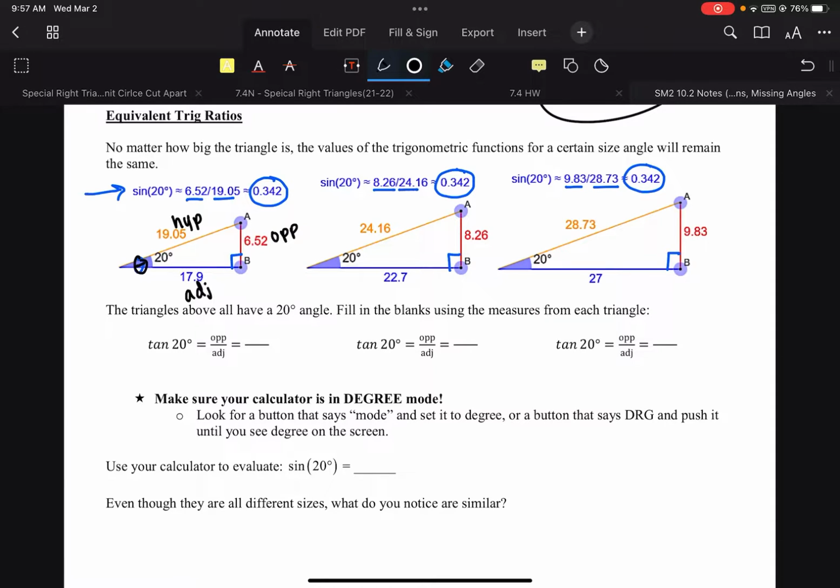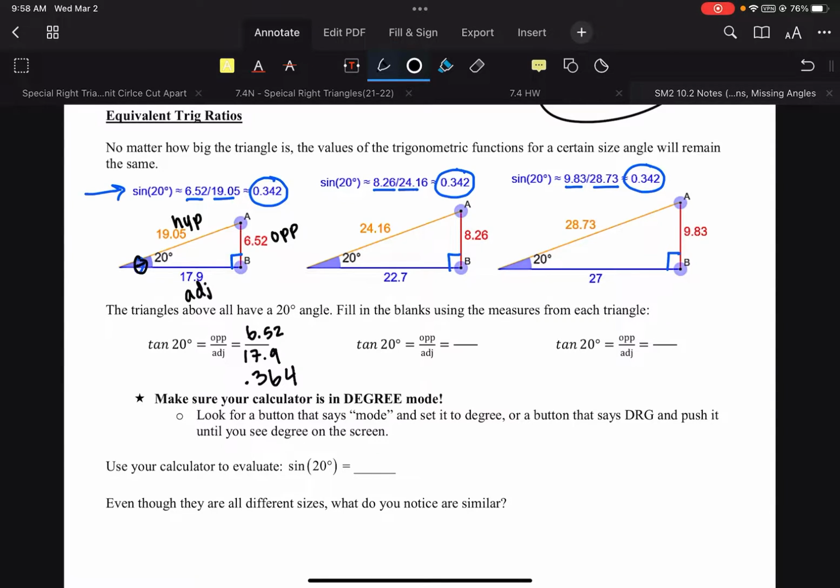The tangent, SOHCAHTOA, TOA, is the opposite over the adjacent. So in this case, it would be 6.52 over 17.9. Well, let's divide that and figure out what it is as a decimal. So 6.52 divided by 17.9, that is 0.364. We'll just round to 3 decimals.